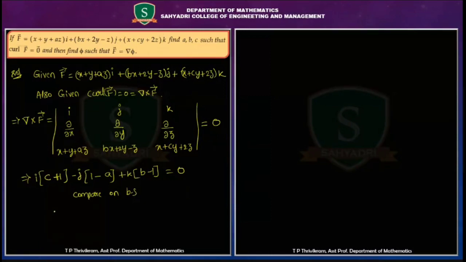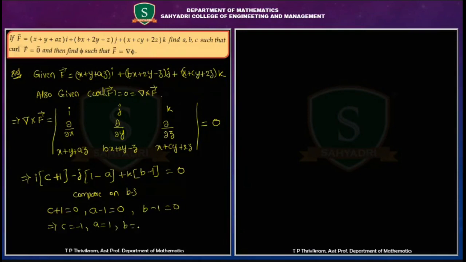The i coefficient must be 0, so c plus 1 must be equal to 0, and minus of 1 minus a, so I can write it as a minus 1, must be equal to 0. Similarly, b minus 1 must be equal to 0. This implies the c value will be minus 1, the a value will be 1, and the b value will be 1.